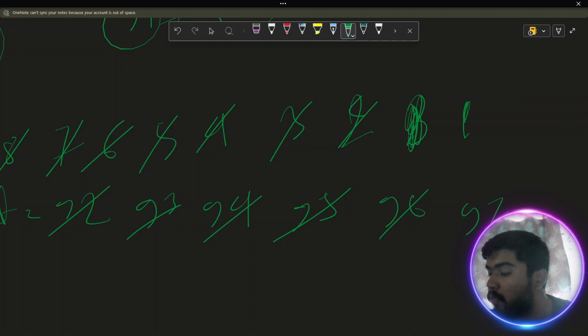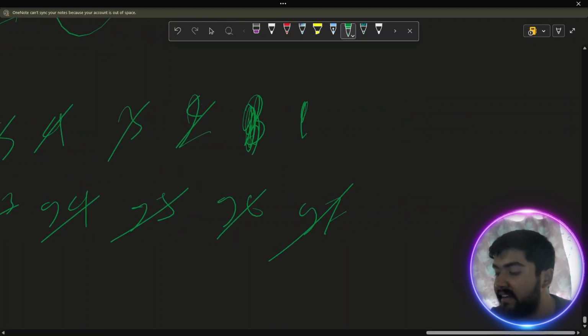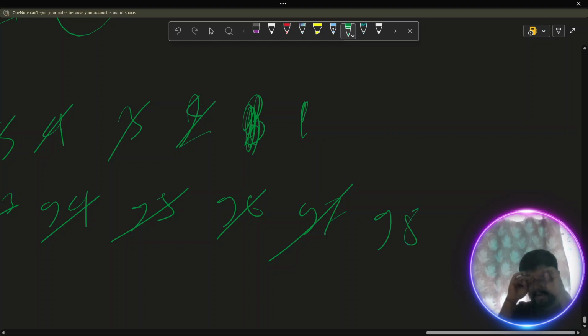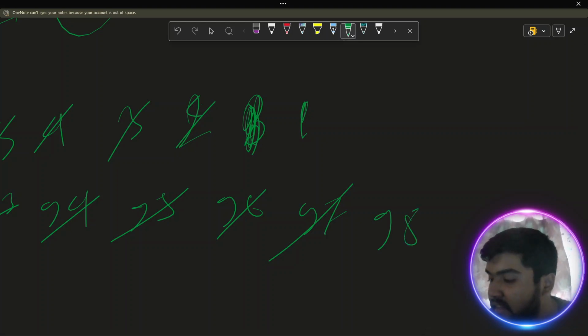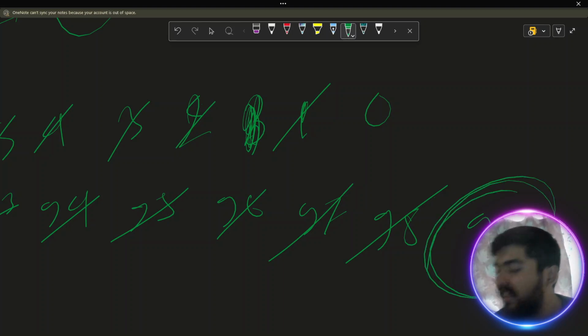Then 1, right? Then this becomes 98. Then k goes from 1 to 0. 98 becomes 99. So when my k becomes 0, I got my answer. So on this particular example test case, the answer should be 99.